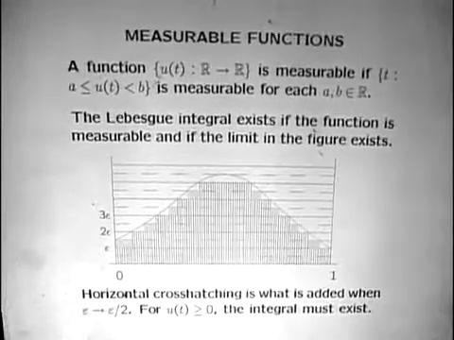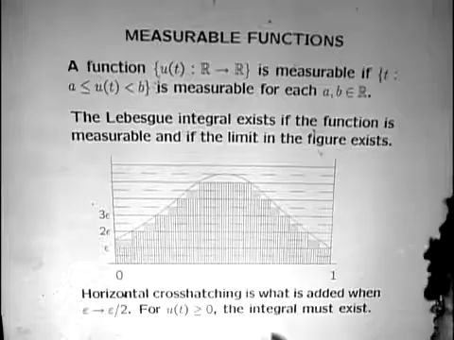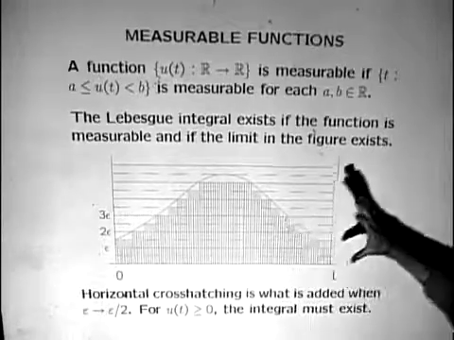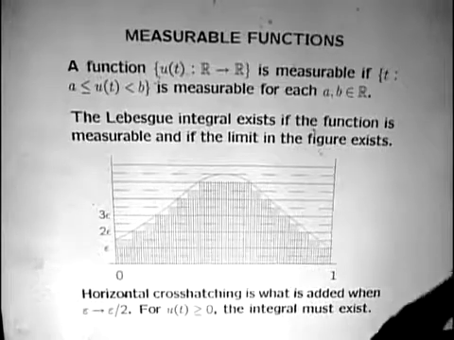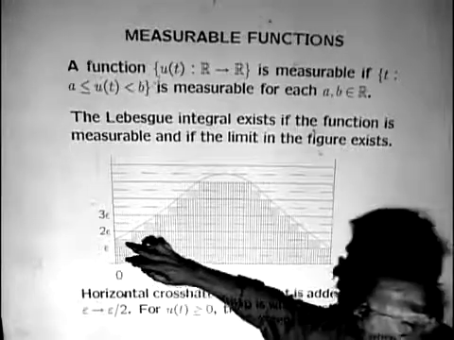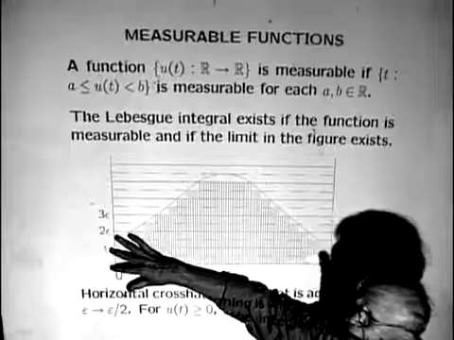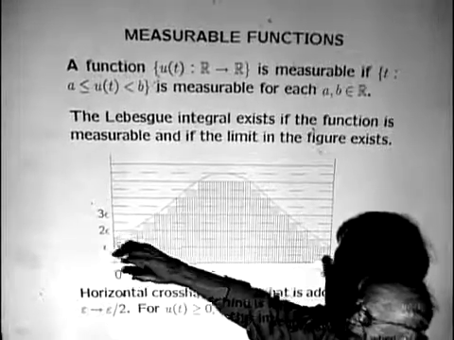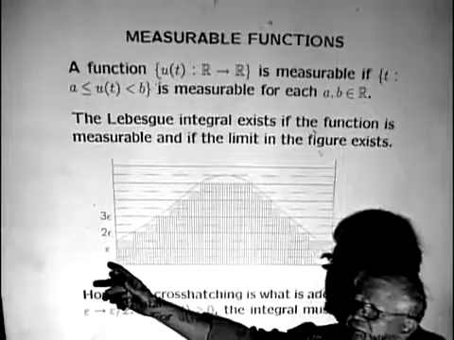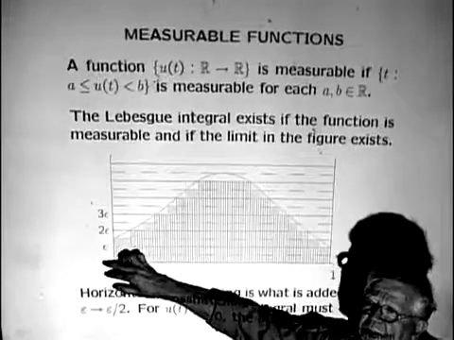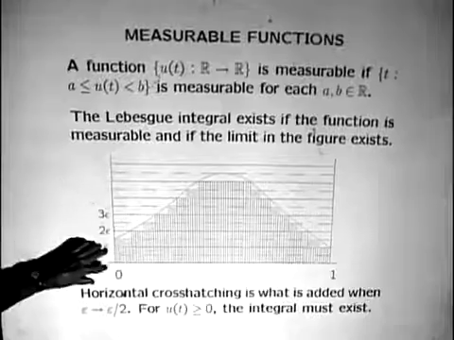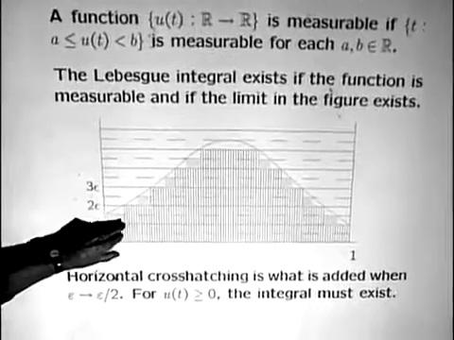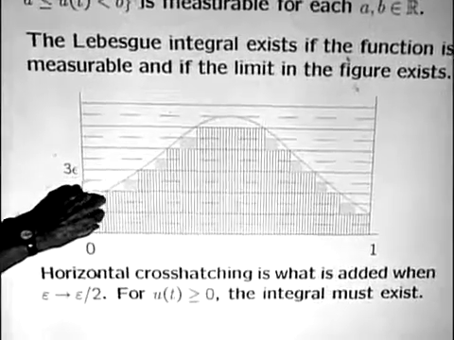OK, so if I want to now make this epsilon smaller, what I'm going to do is do it in a particular way. I'm going to start out partitioning this into intervals of size epsilon. Then I'm going to partition it into intervals of size epsilon over 2. When I partition it into intervals of size epsilon over 2, I'm adding a bunch of extra things.